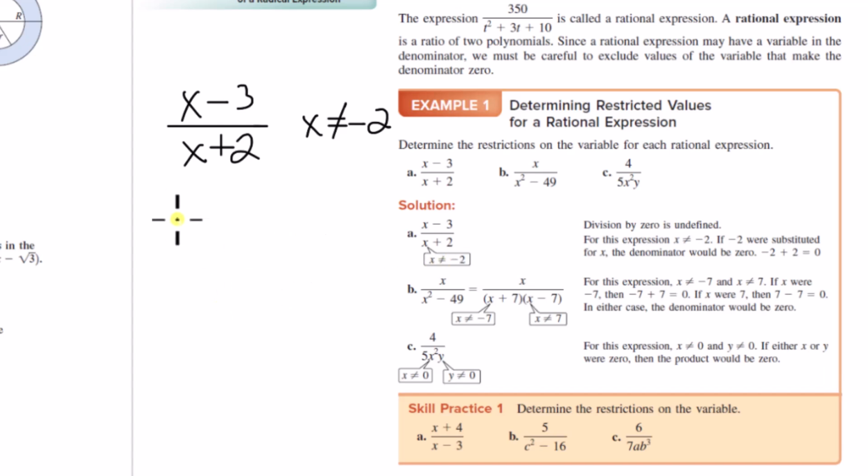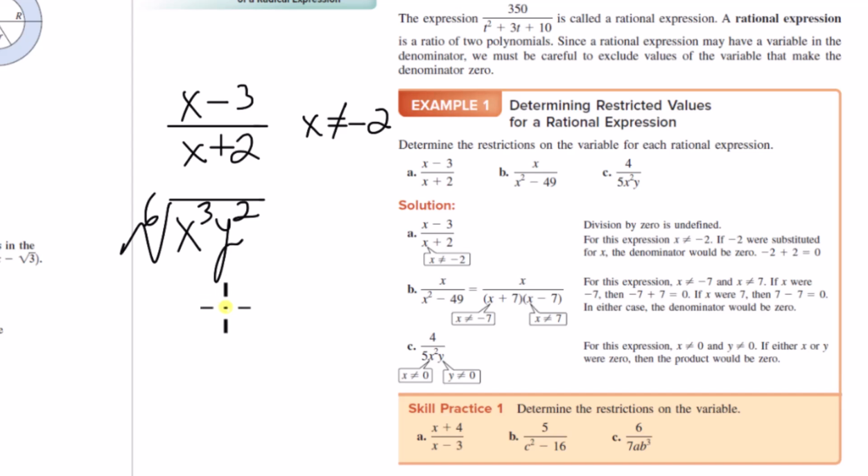But again, a lot of times we're just considering only real numbers. Before we really learn complex numbers, we look at problems and equations, and we consider the variables to be just real numbers.